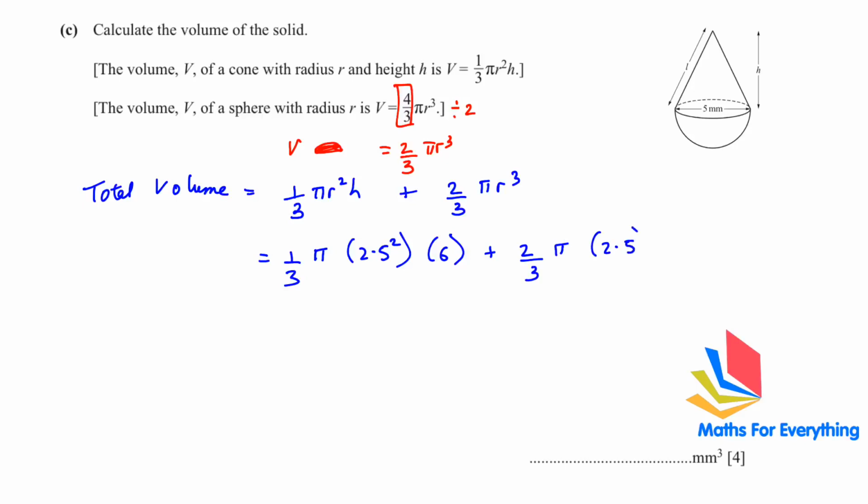Here also you are going to replace r with 2.5. That's it. The whole thing we put in the calculator and we'll get the answer. A very easy 4 marks. And we will get the answer 71.99. We can round it to a whole number or leave it like that. It's up to you. If I'm rounding it, it will be 72 cubic millimeter.